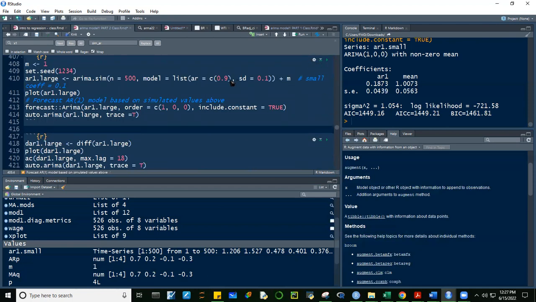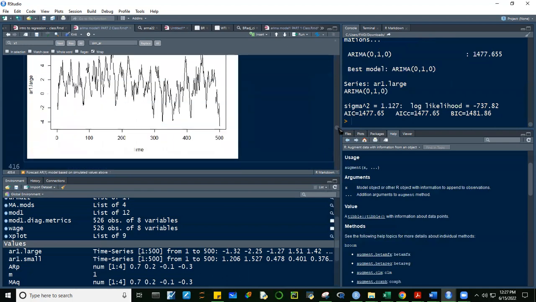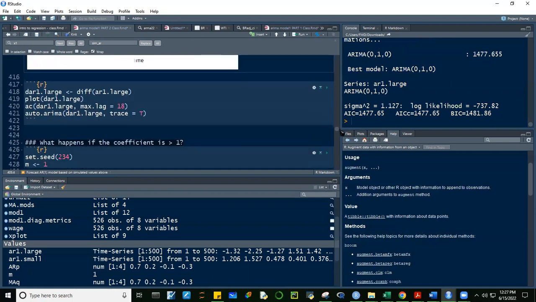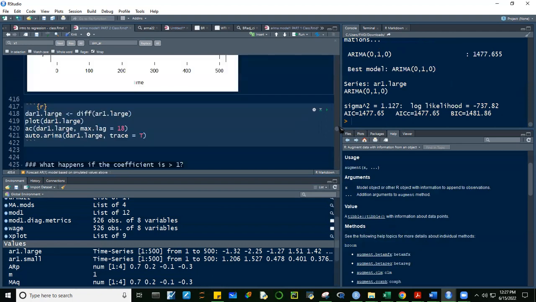Alright, so ito naman, tingnan natin to. Ito naman, malaking AR1, 0.9, malapit sa 1. So let's just quickly run this. Okay, so ito yung plot niya.